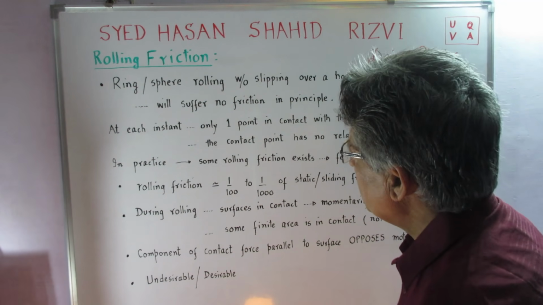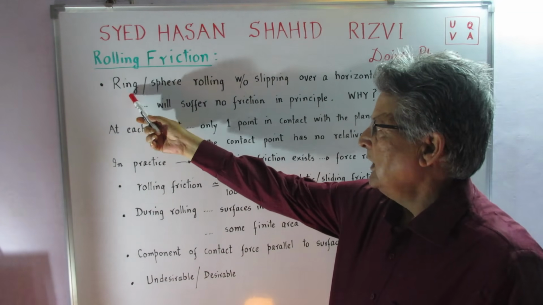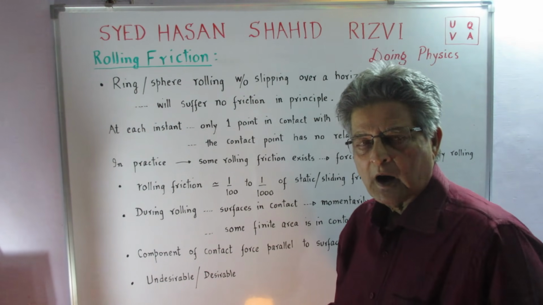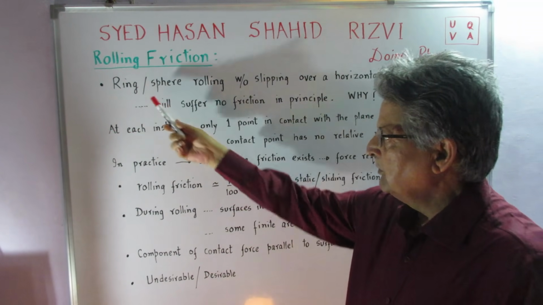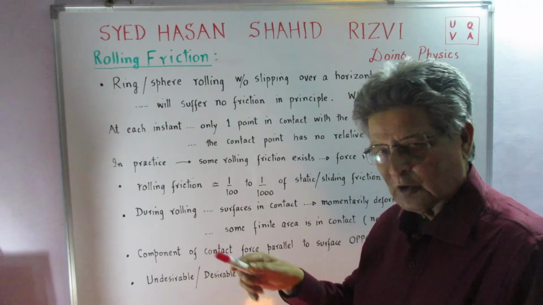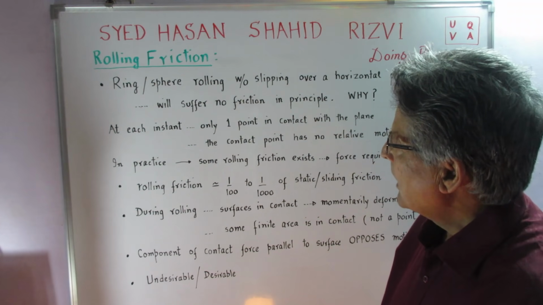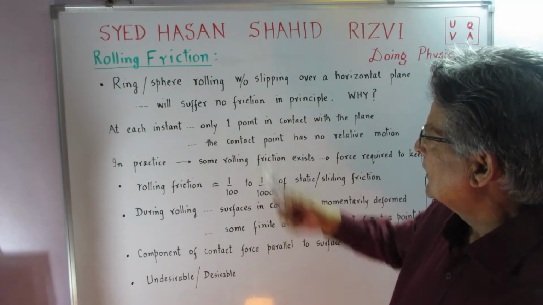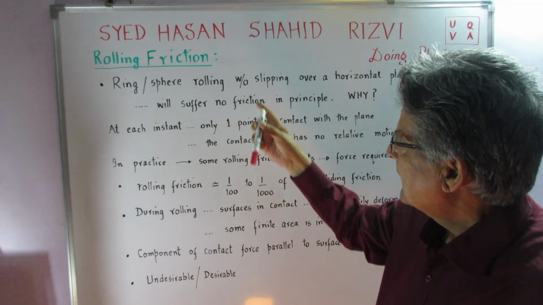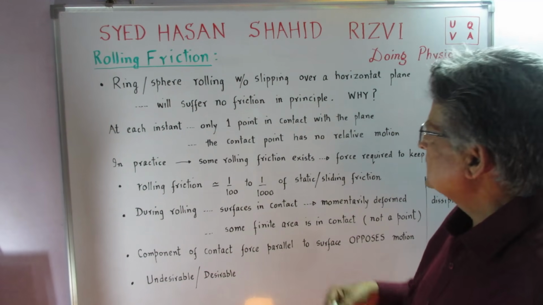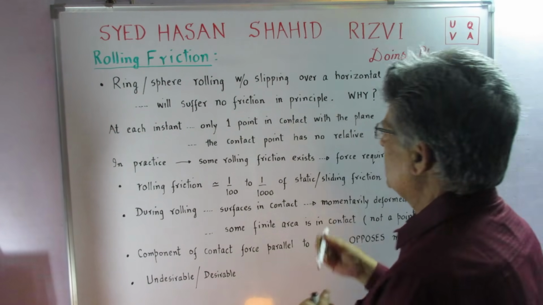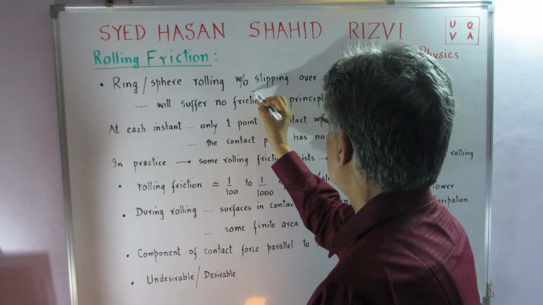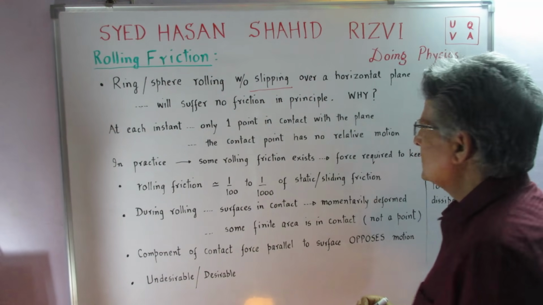For example, if we take a ring or a sphere, the ring may be annular and it may be solid, and it rolls over a horizontal plane without slipping.